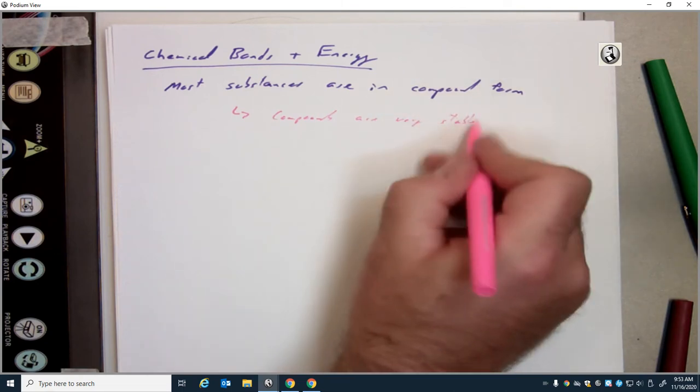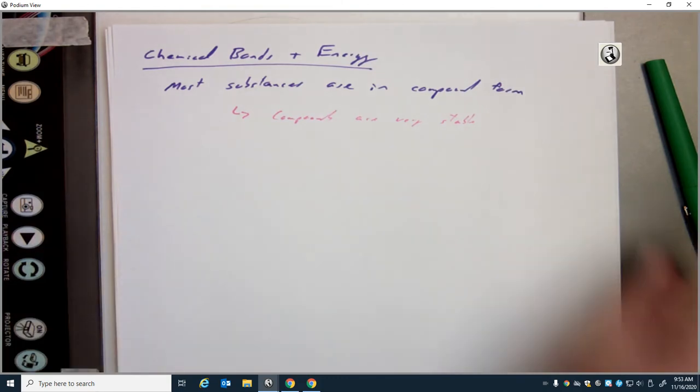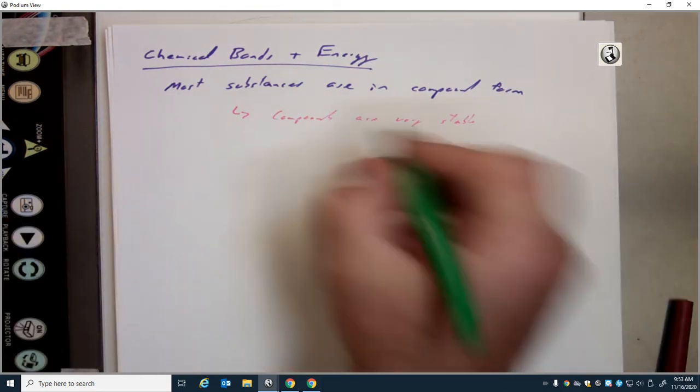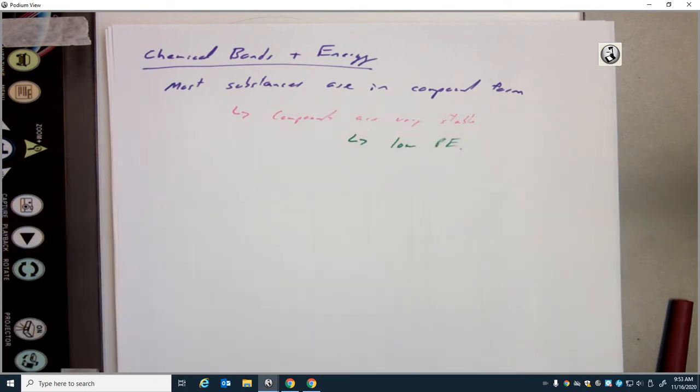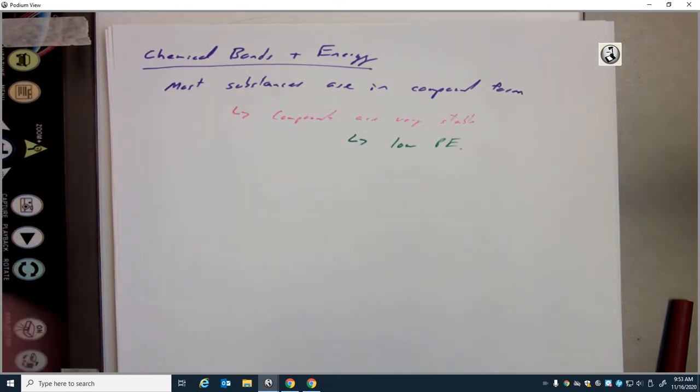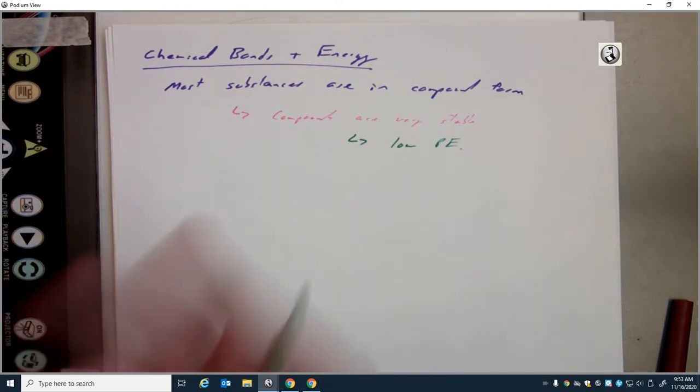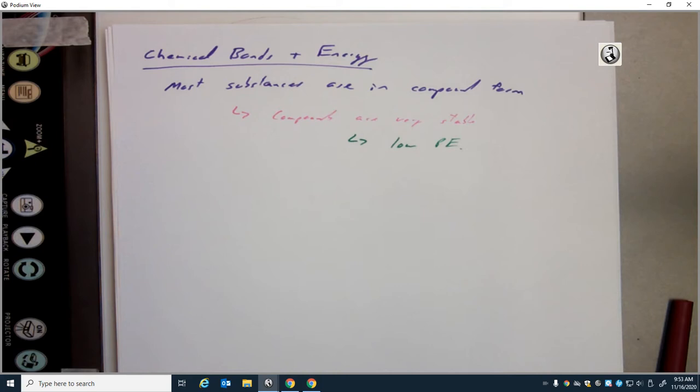And remember, as soon as we start saying that word stable, what we're really saying is they probably have low potential energy. Right? That's really what we're saying. Because remember, nature likes having the lowest possible potential energy.